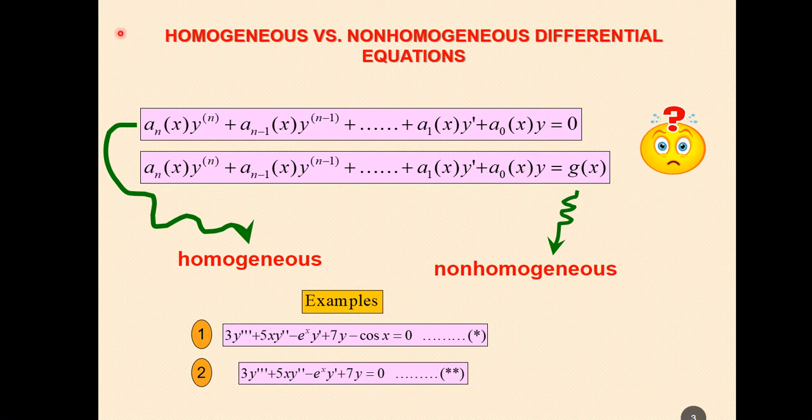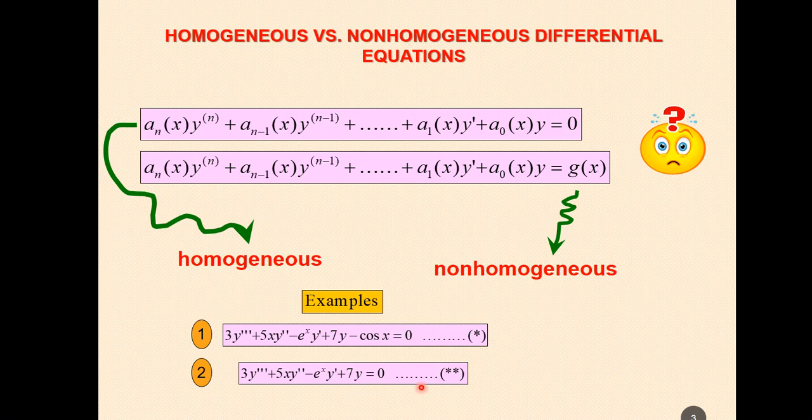Whereas what appears on the left side are products of your unknown function or the derivatives of your unknown functions with respect to a constant or with respect to an expression in terms of your independent variable. Now then, this negative cosine x here was deliberately written on the left side of the equation to confuse you that this one is a homogeneous differential equation.